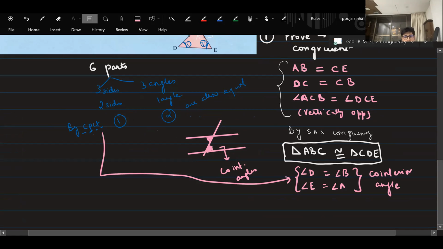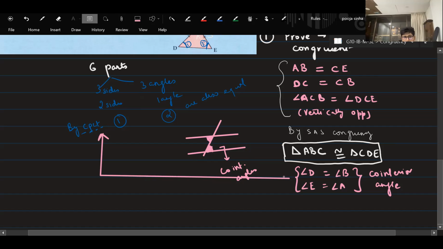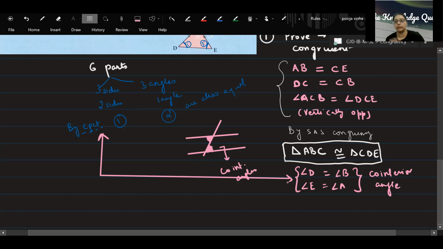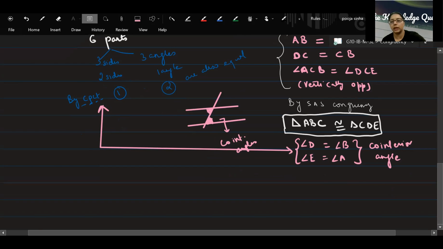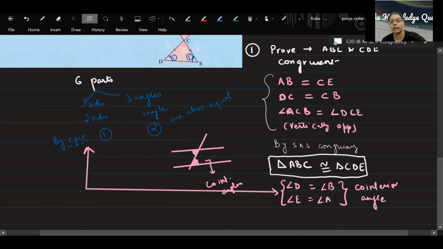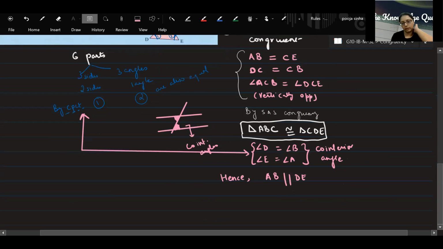By CPCT. CPCT का मतलब क्या था? Corresponding parts of congruent triangles you already have; उसके corresponding parts हैं, बचे हुए parts जितने भी हैं. So now they are co-interior angles, which means this is possible only when AB is parallel to DE. Hence AB is parallel to DE. हो गया clear?